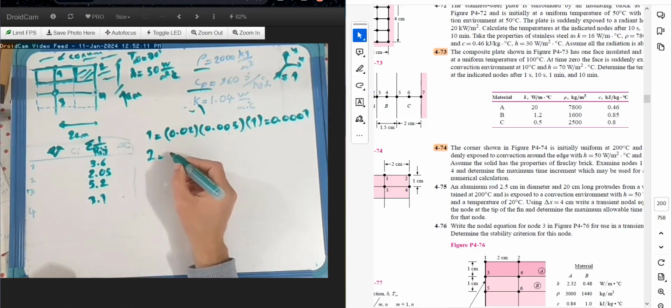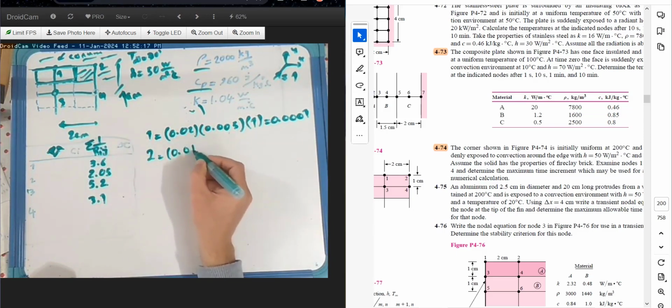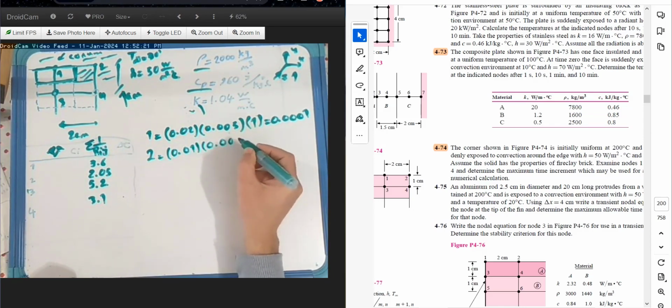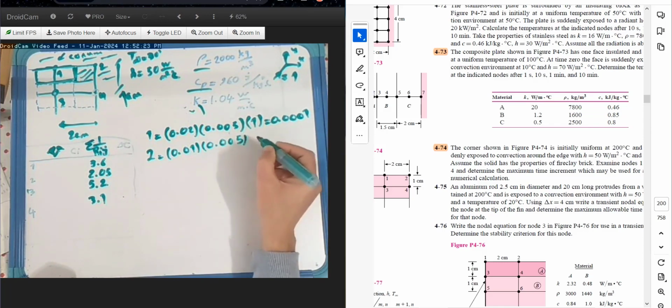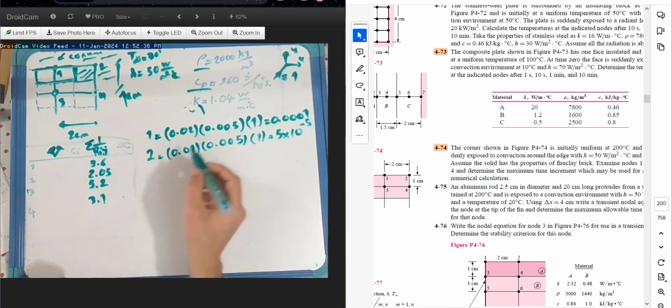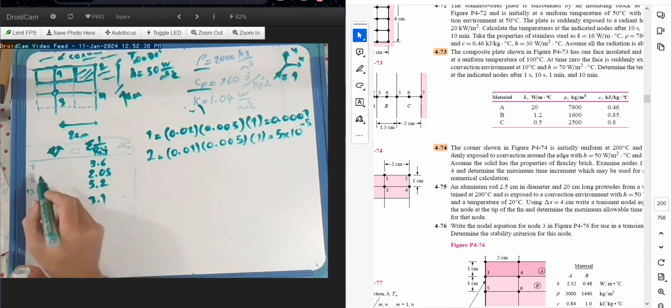Half of 2 centimeters will be 1 centimeter multiplied by 0.005 by 1. It is 5 times 10 to the power minus 5. Okay, so let me write them here.